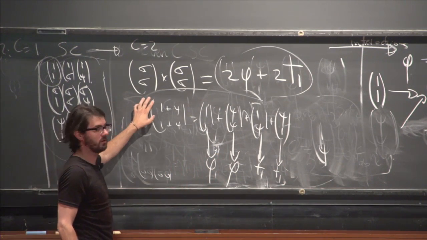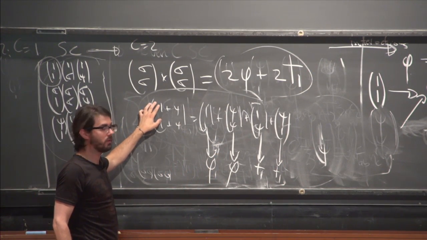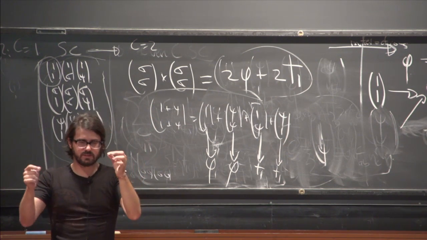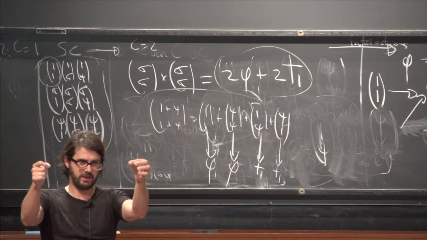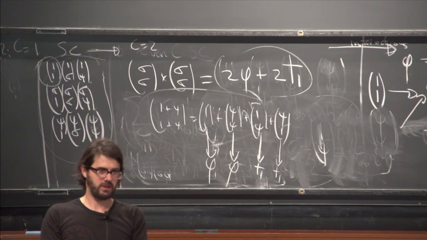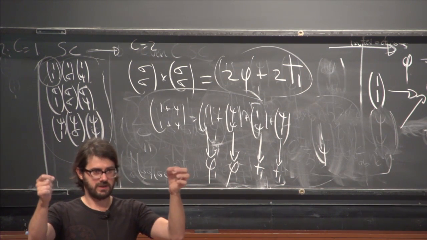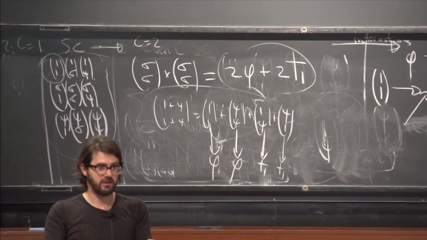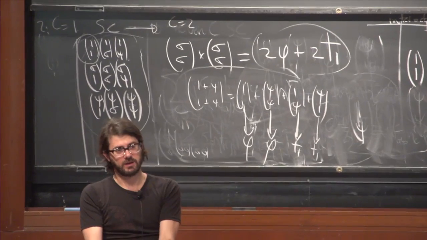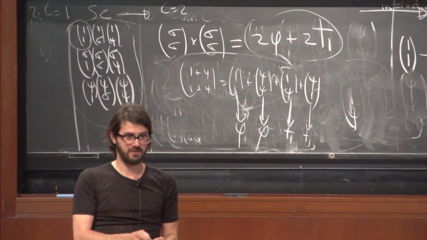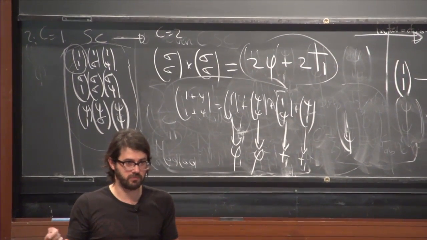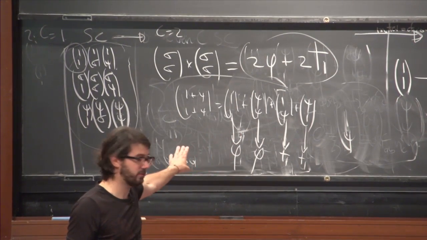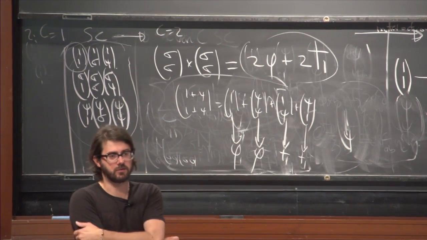What do you mean, how? Think of this as two vortices in the upper layer and the lower layer, independent. I take two vortices in the upper layer, they can give me either 1 or psi. I take two vortices in the lower layer, they can also give me either 1 or psi. Now there are four possibilities, and those are the 4.